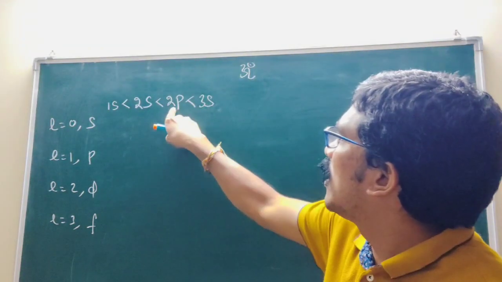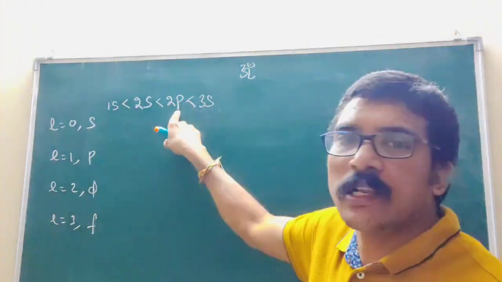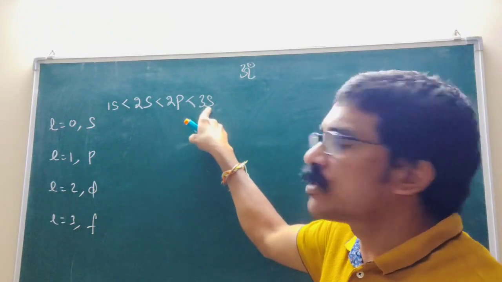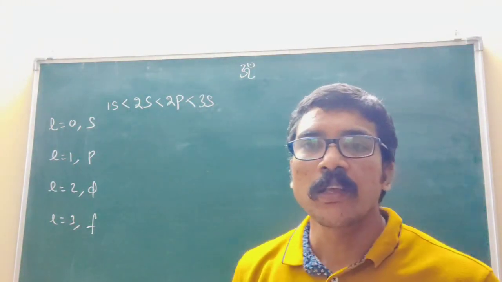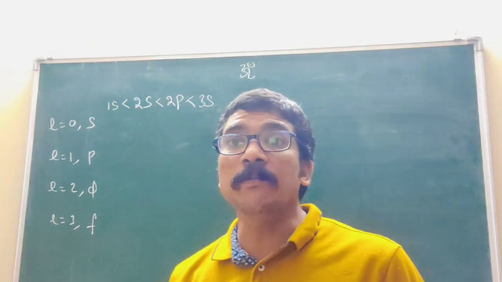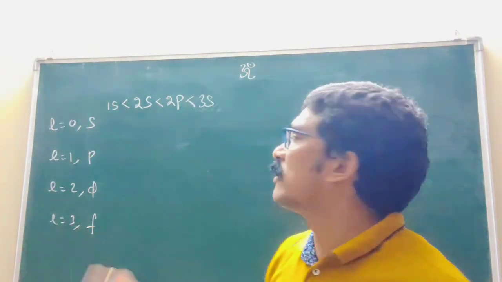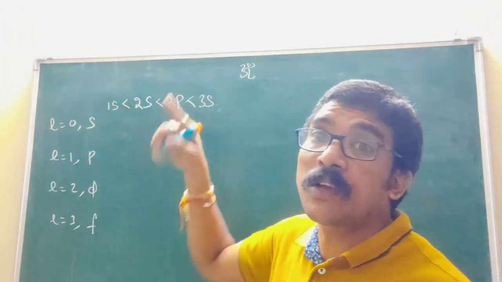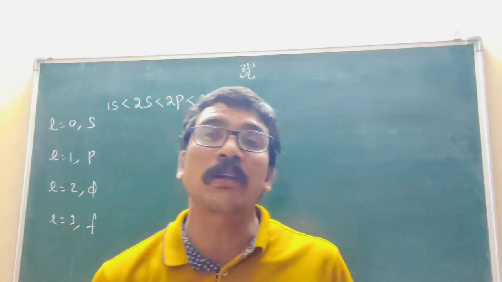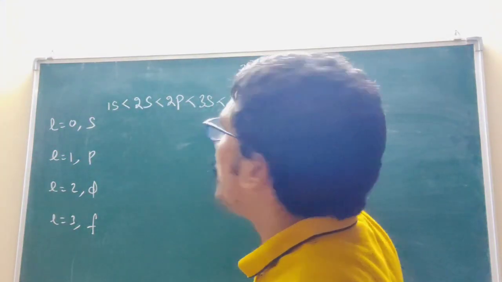Verify these two: 2 plus 1 is 3, 3 plus 0 is 3. Both have the same n plus l value, so the electron enters the lower n subshell, that is 2p. That is why after complete filling of 2p, only then does the electron enter 3s. After filling of 3s, the electron enters 3p.